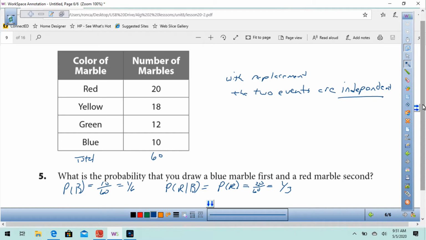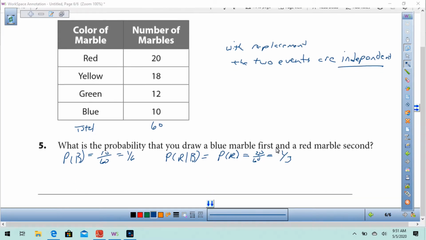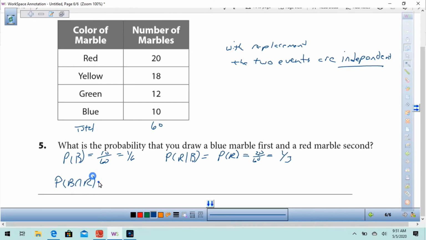So now our question is, what is the probability that you draw a blue marble first and a red marble second? The probability of blue intersection red is the same as the probability of blue times the probability of red. 1/6 times 1/3 is 1 over 18.